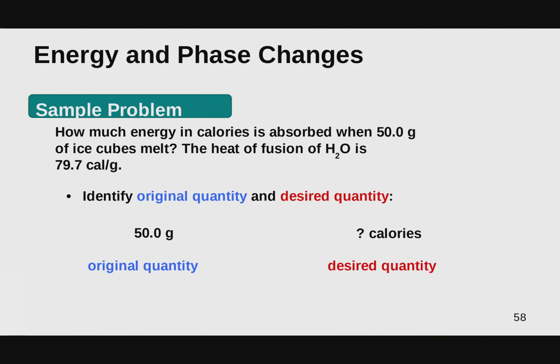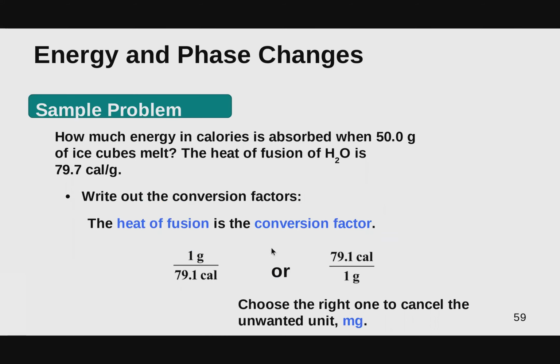Now we're trying to get calories, so grams needs to be in the denominator. Thus we choose the one on the right, 79 calories per gram.